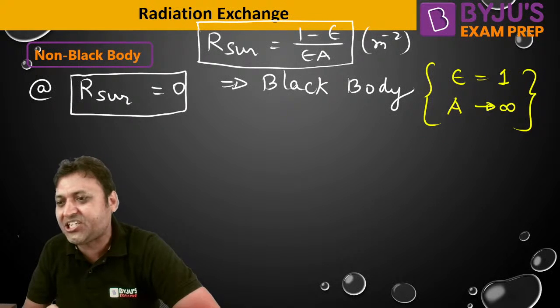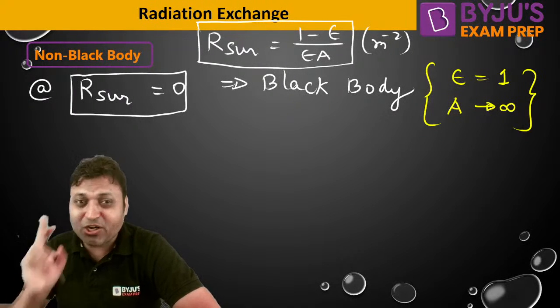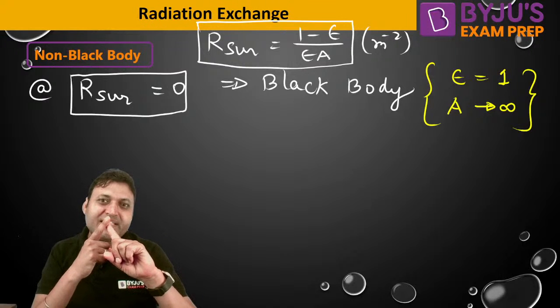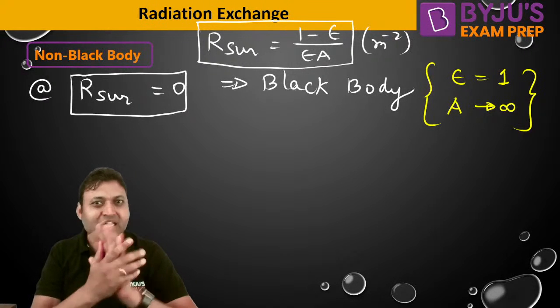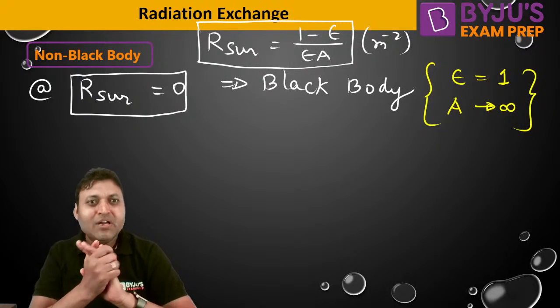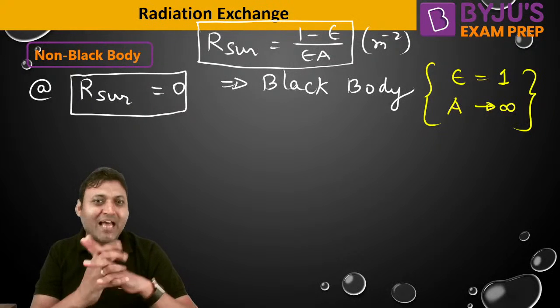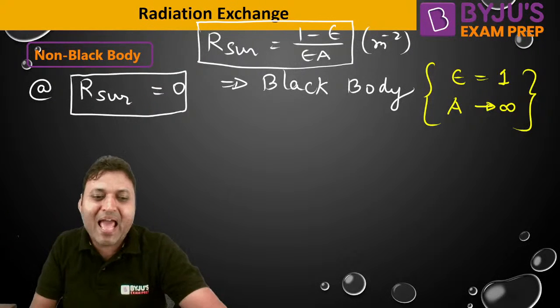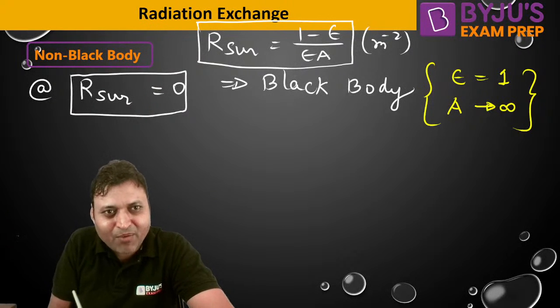There are two conditions. Yes, Sairam, there are two conditions, not one. Either when emissivity is equal to 1, then the surface resistance will become 0, and the second condition is when the area of the surface is too large, we can assume it as a black body.